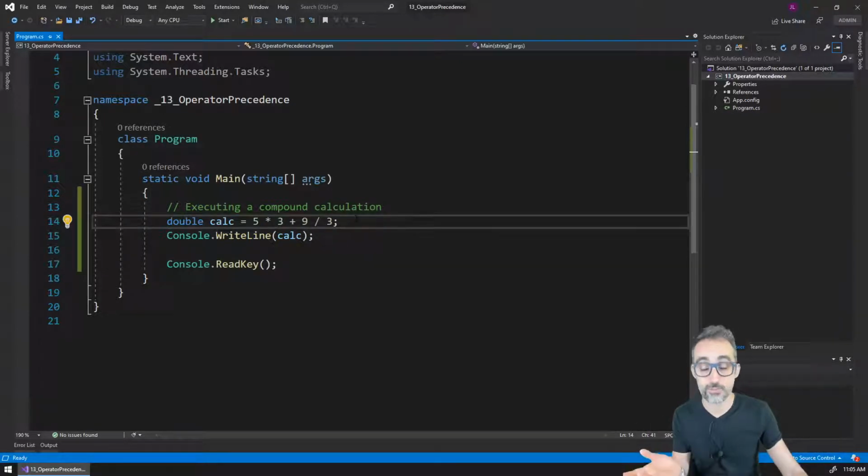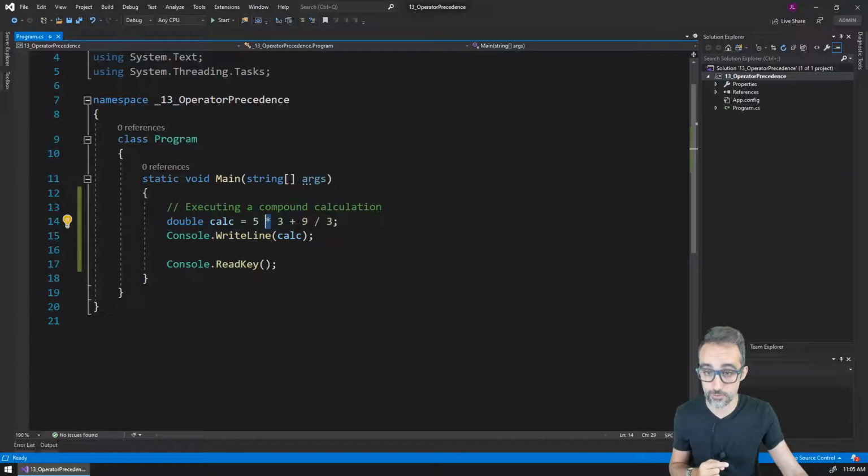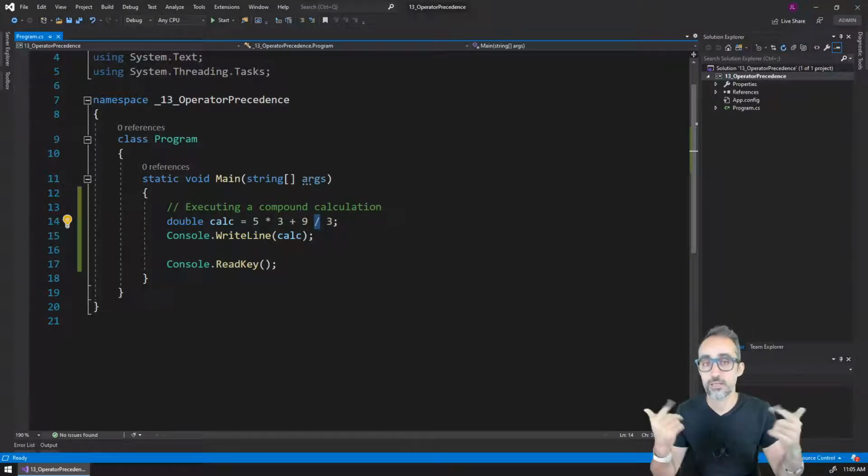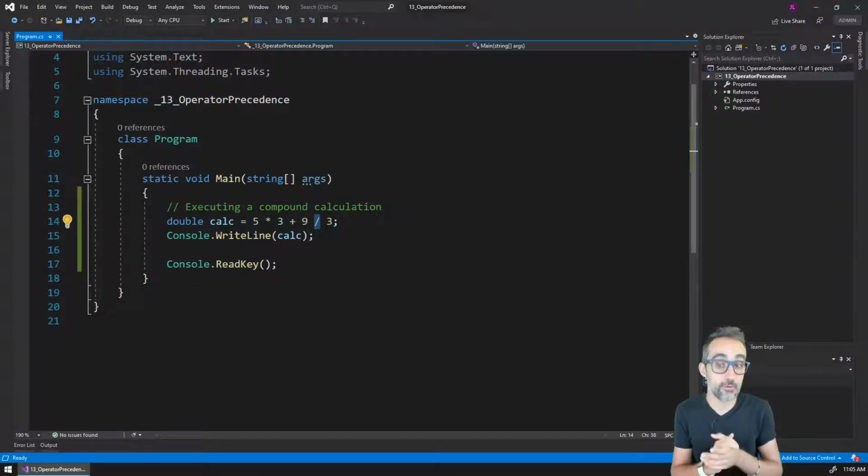So whenever we saw an expression that had multiplications, divisions, additions, and subtractions, we were meant to operate first with multiplication and division and then apply addition and subtraction. It's just some simple rules. So in computer programming, the same rules apply.